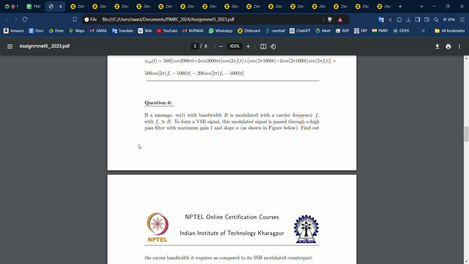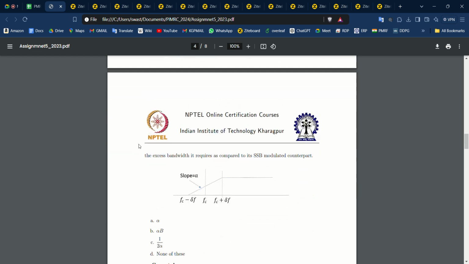So in a VSB signal, we do not even allow the full sideband. We allow a vestige of the sideband, or a fraction of the sideband. So it is even more bandwidth efficient than double sideband.